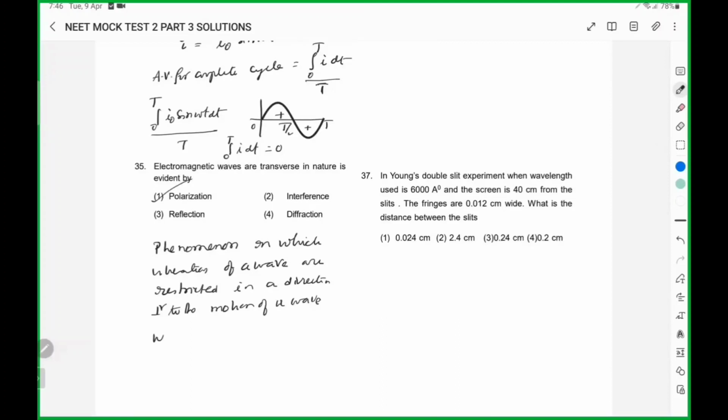Here, waves for which the direction of vibration of particles is perpendicular to the propagation of the wave are known as transverse waves.